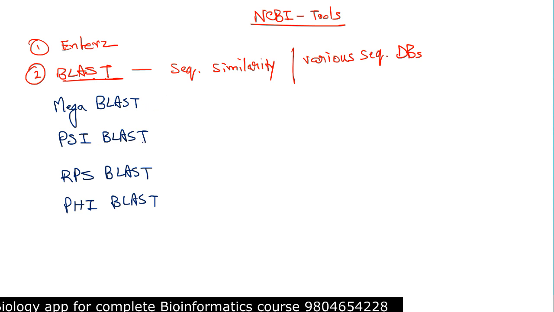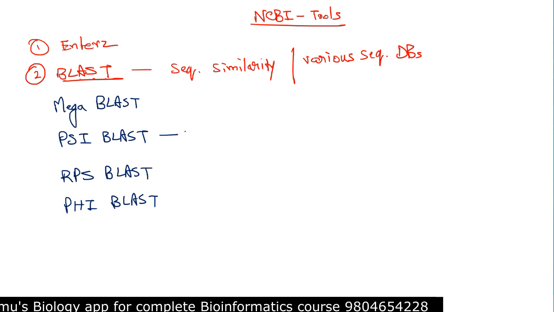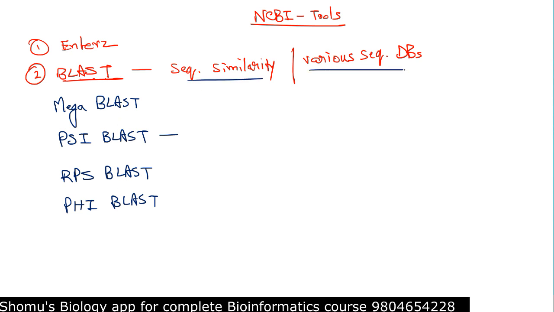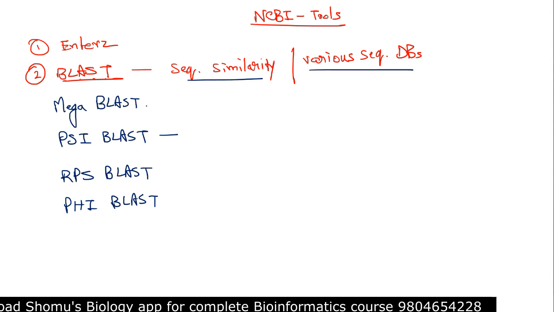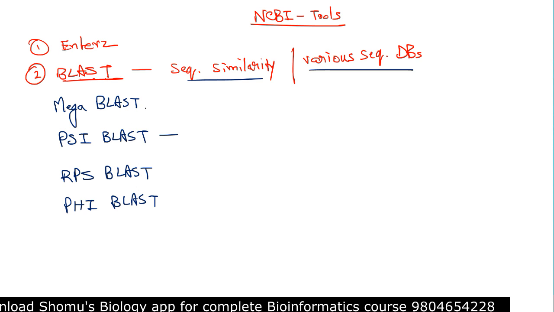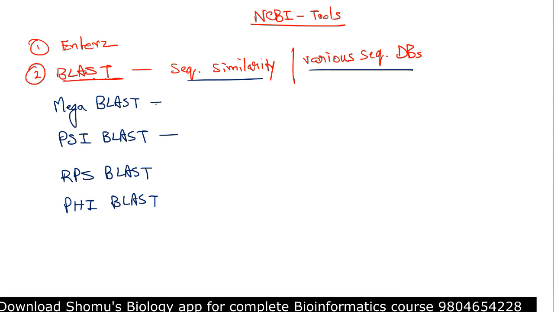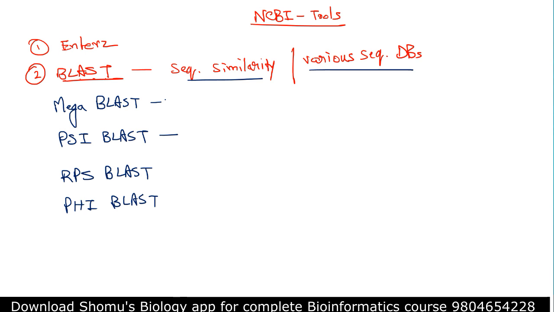Okay, PSI BLAST, it helps to find out. Now all of them do the same thing, finding sequence similarity against various sequence databases, but why are they different? Mega BLAST will work on DNA sequence, and it will try to go at maximum capability to find sequence similarity.